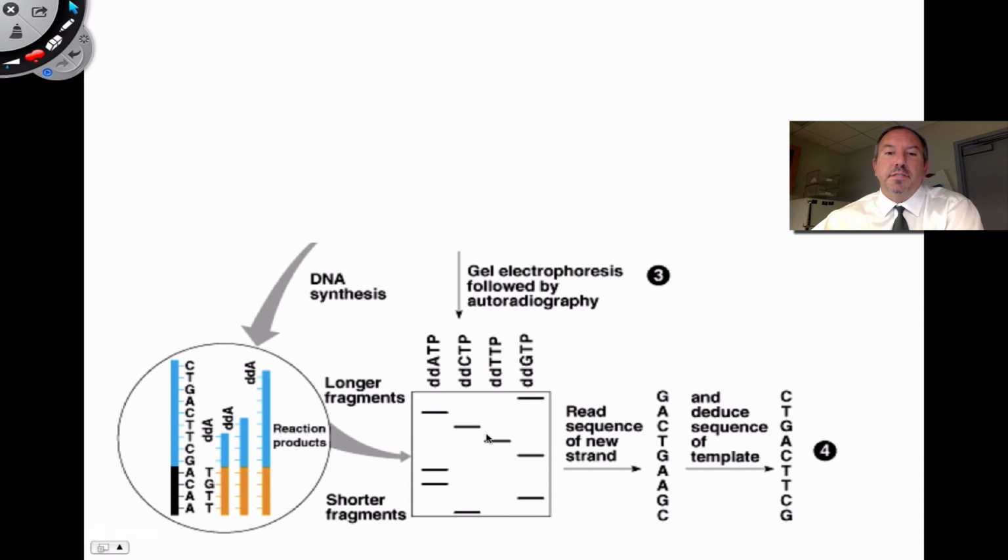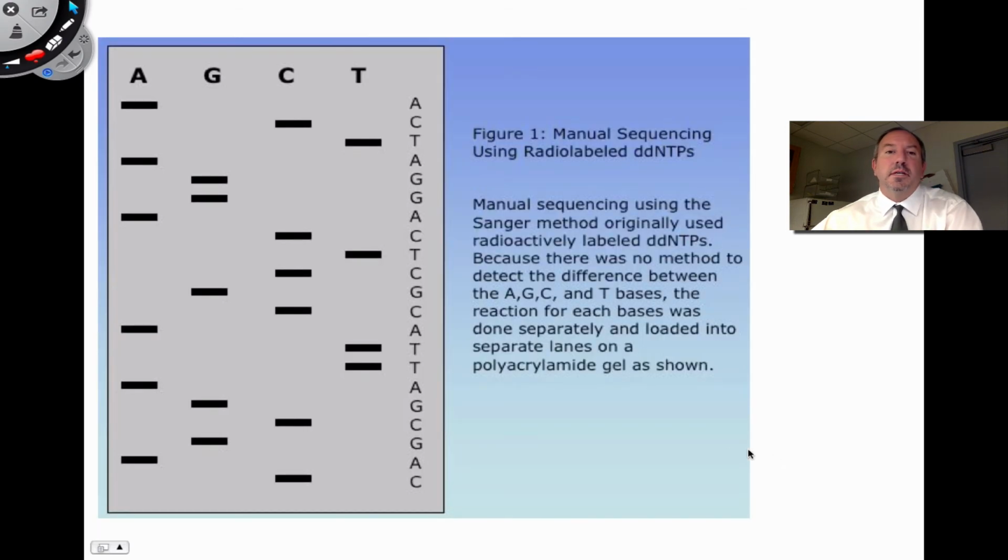Even though it says that the smallest piece down here is in lane C, that means that's what you're reading, but the actual DNA is a G, because we're looking at complementary. This is what you need to be able to deduce. And then the next one's G, so it's C, and then that one's A, so it's T. Do you follow? And so you can determine the sequence this way.